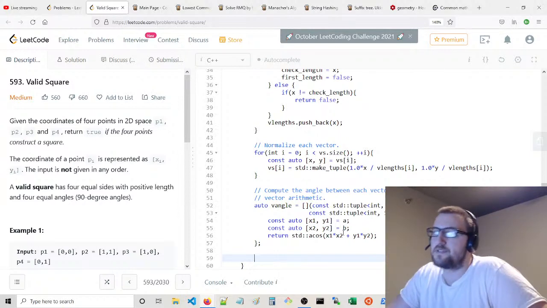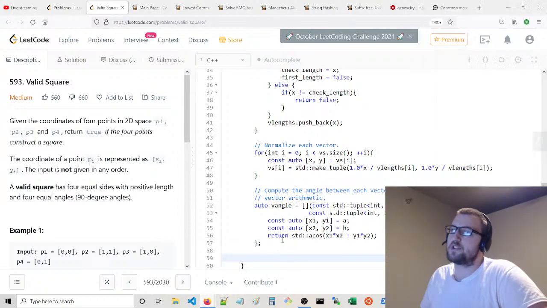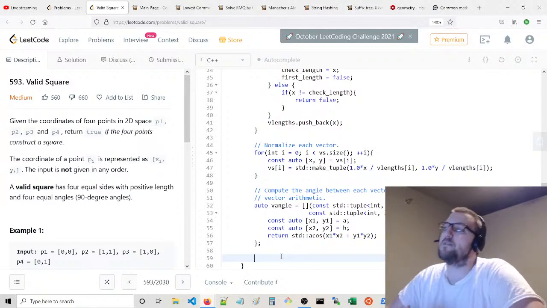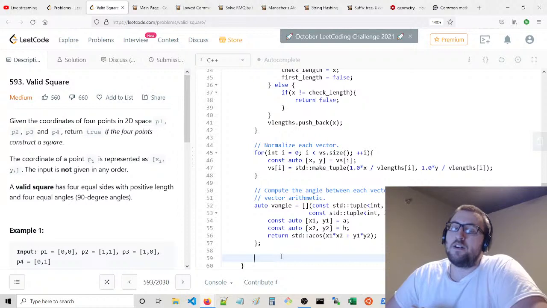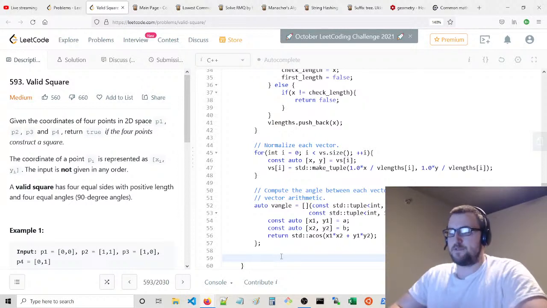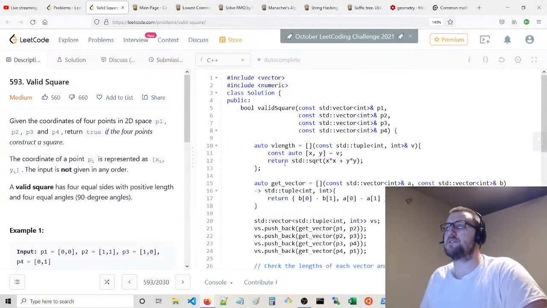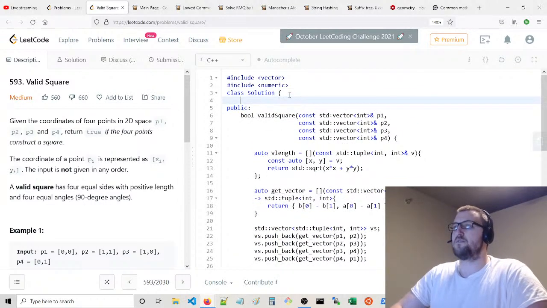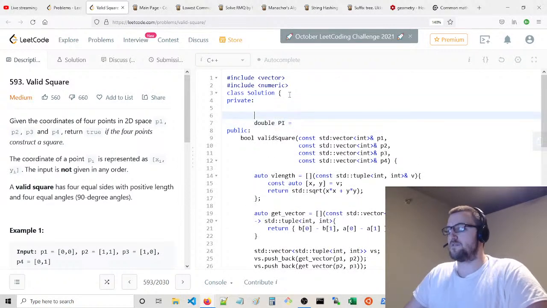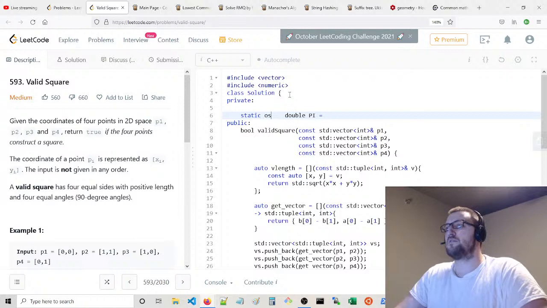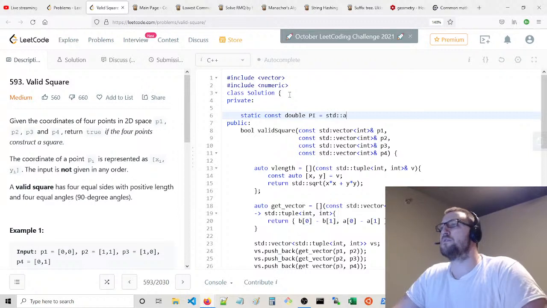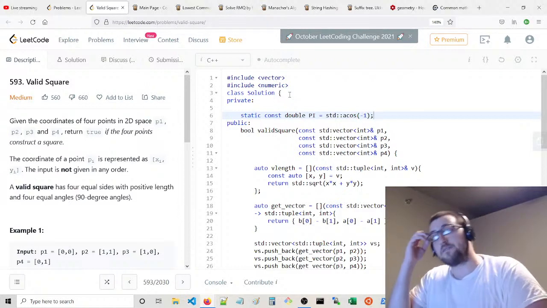So now we have to do something kind of tricky here, where we want to check that the angle is 90 degrees, which is pi over 2. Couple things here. By the way, the arc cosine of -1 is 90 degrees.